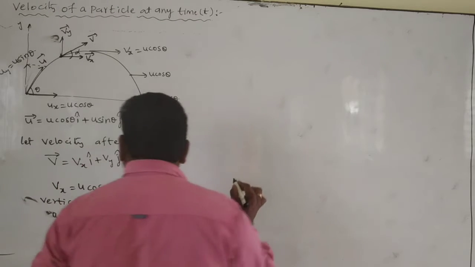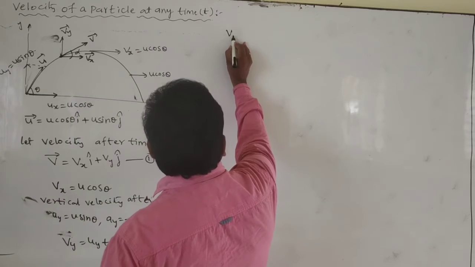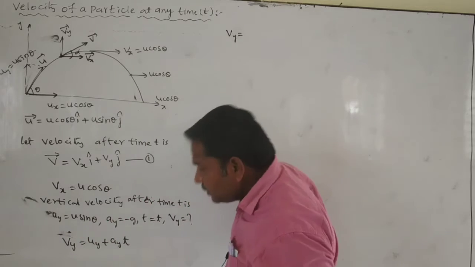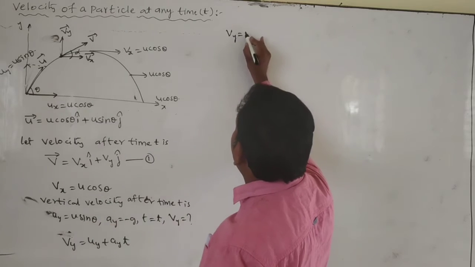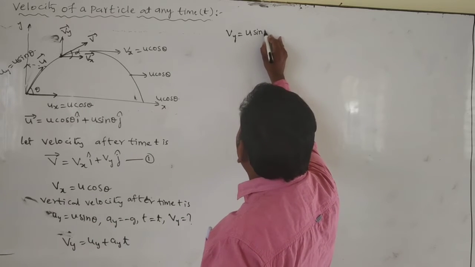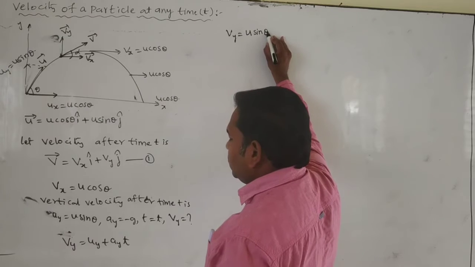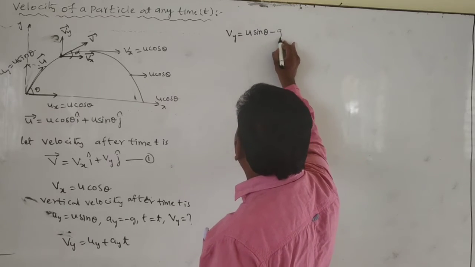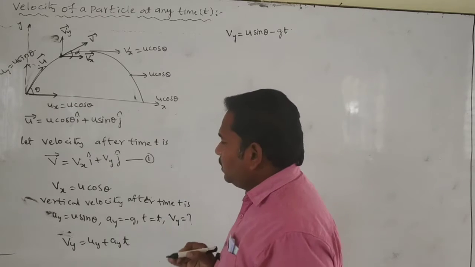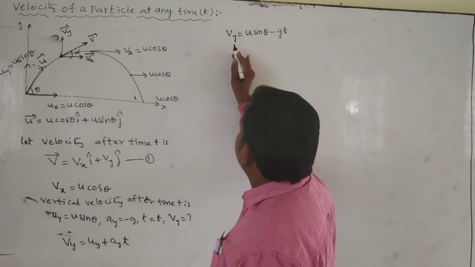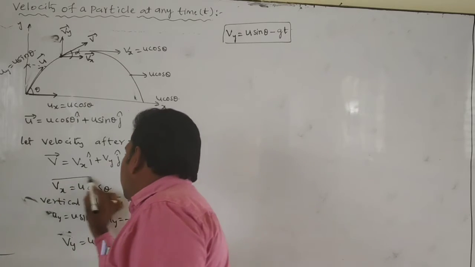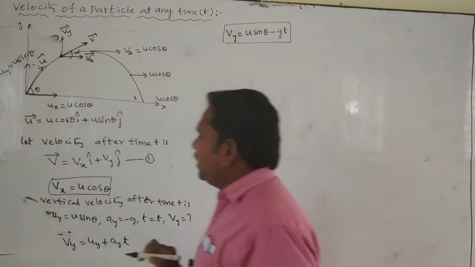Here vy equals u sin theta minus g into t. So this is the final velocity after time t.